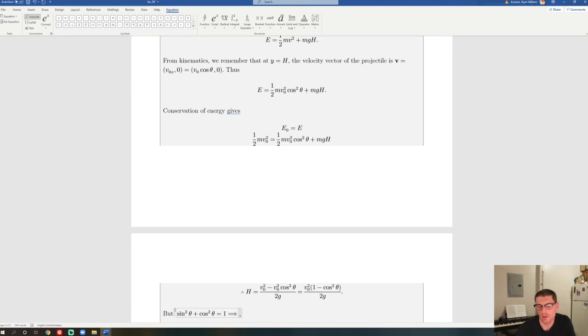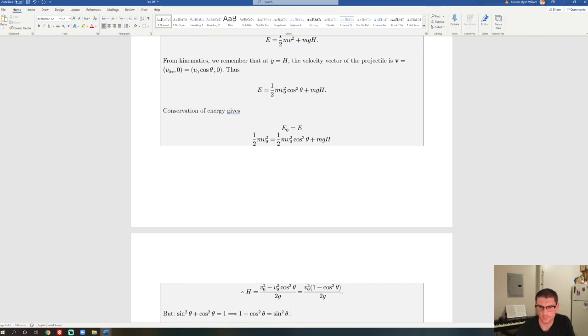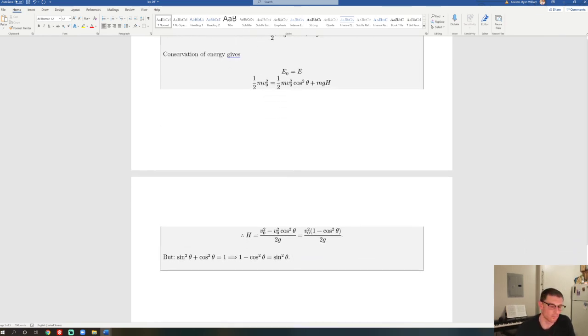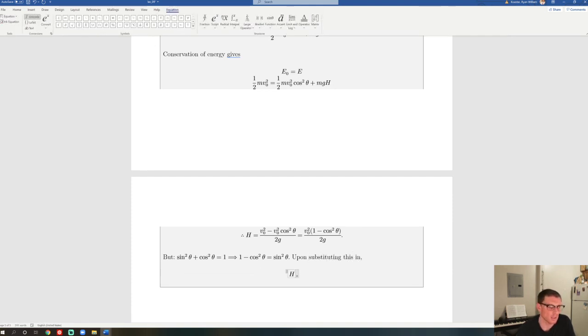And so we can get rid of the 1 minus cosine squared of theta in favor of just sine squared of theta, right? And so upon substituting this in, we find that the maximum height the projectile attains is v initial squared sine squared theta over 2g.